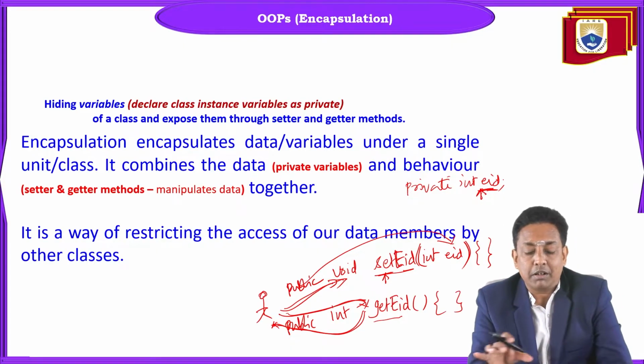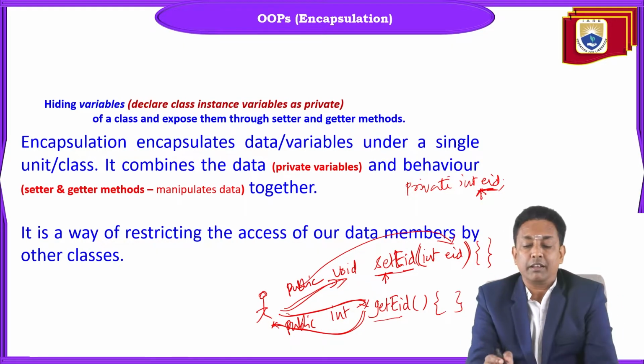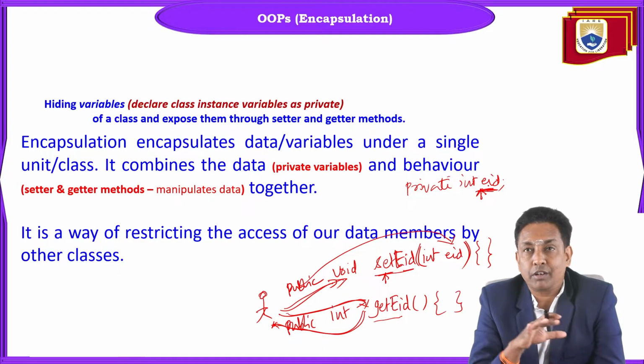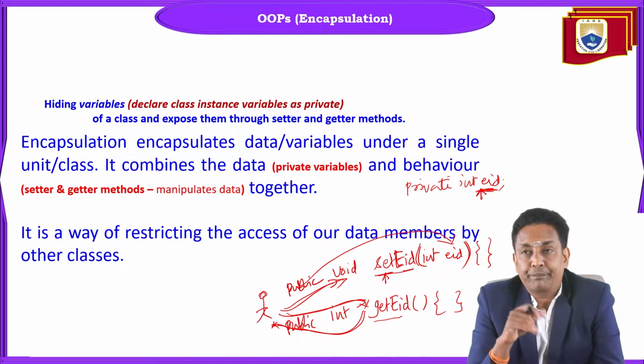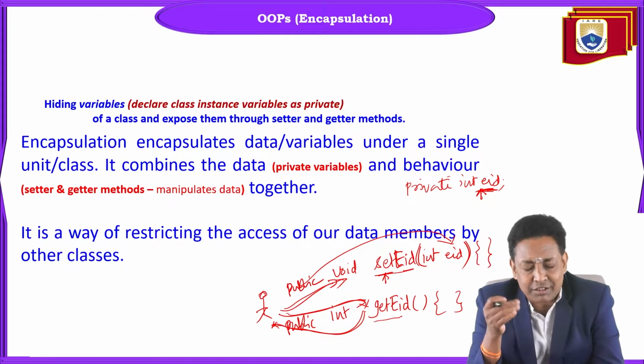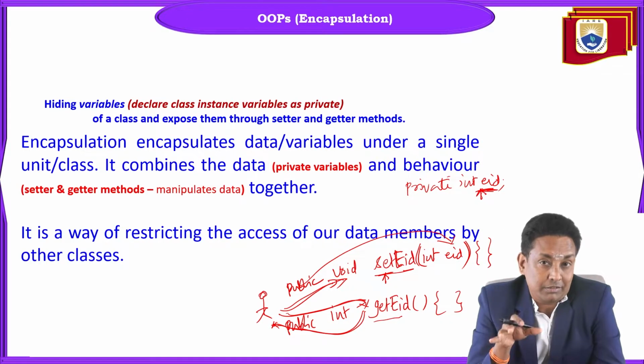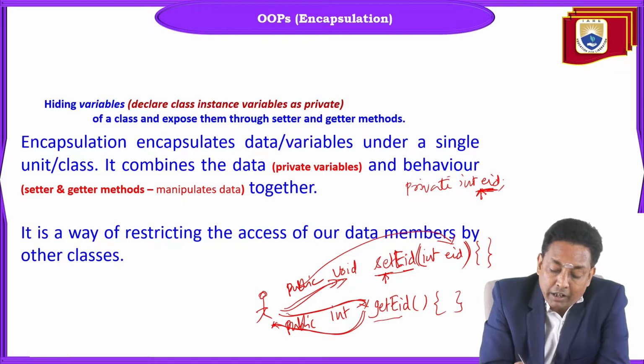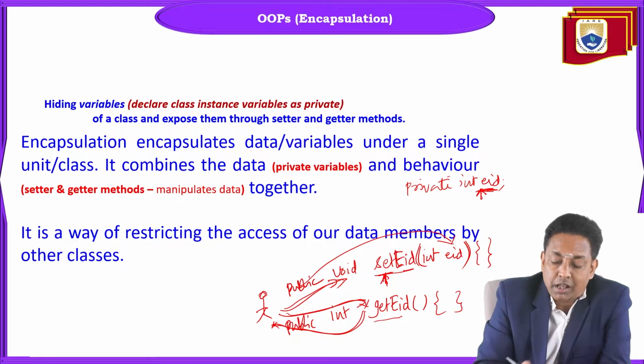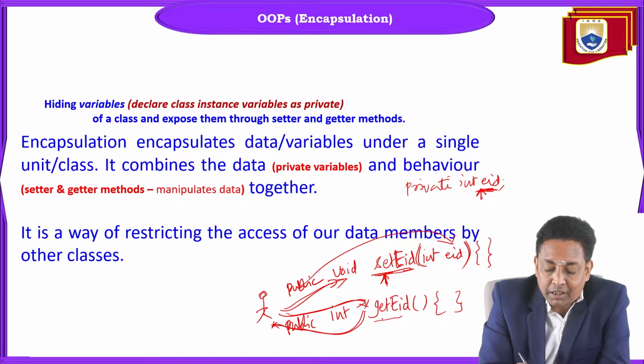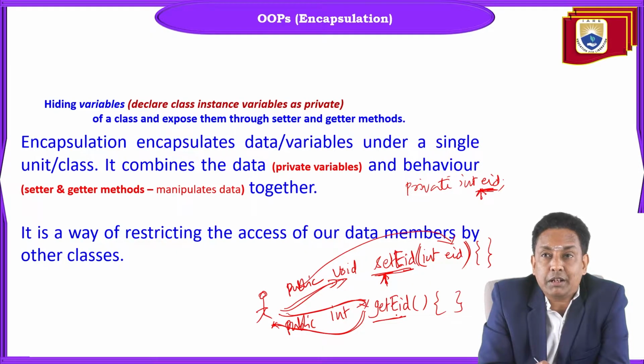Remember, first of all we made the data private, we hid the data, made it inaccessible. Then based on the requirement, you can write a pair of one setter method and one getter method for each variable.